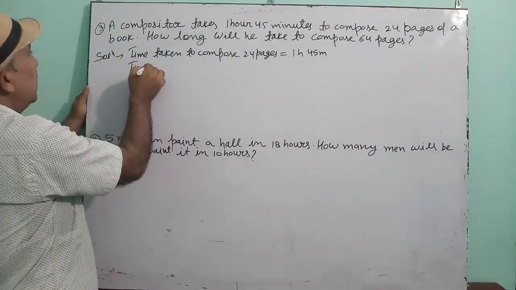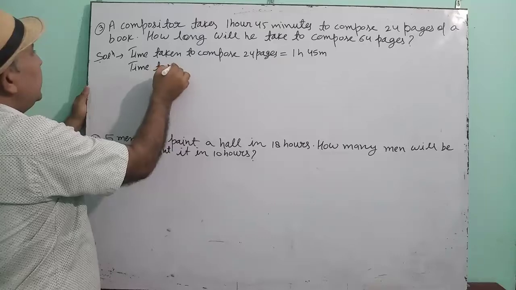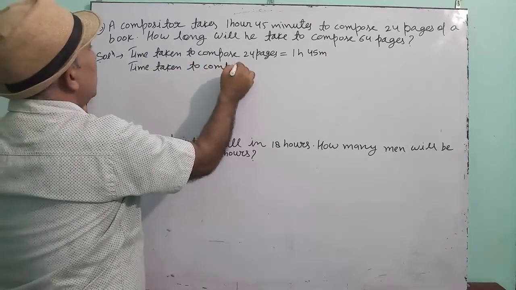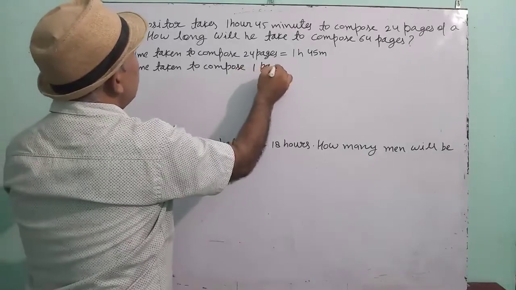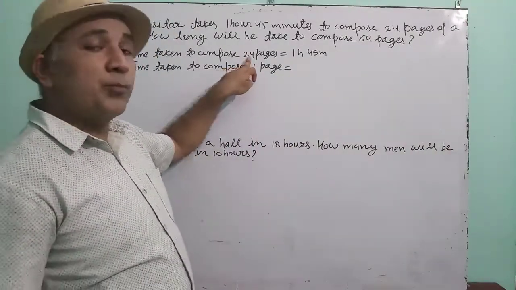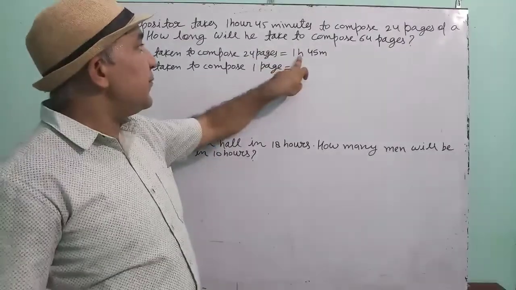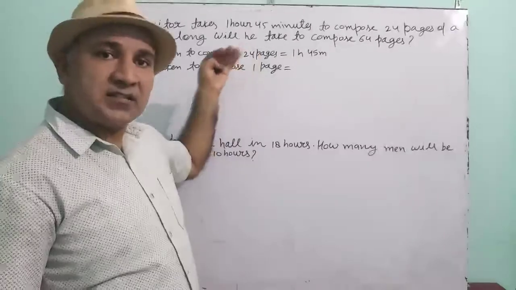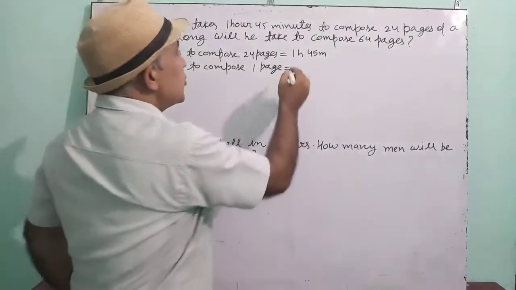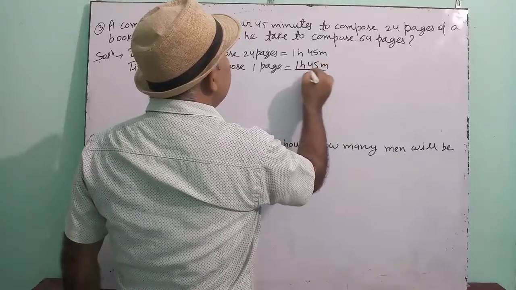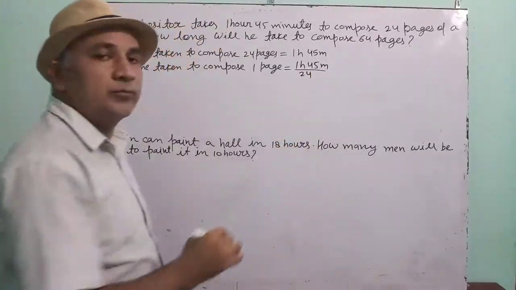Then what will be the time taken to compose one page? Now see, to compose 24 pages, if 1 hour 45 minutes, then to compose one page, less time will be taken. So it will be 1 hour 45 minutes divided by 24.